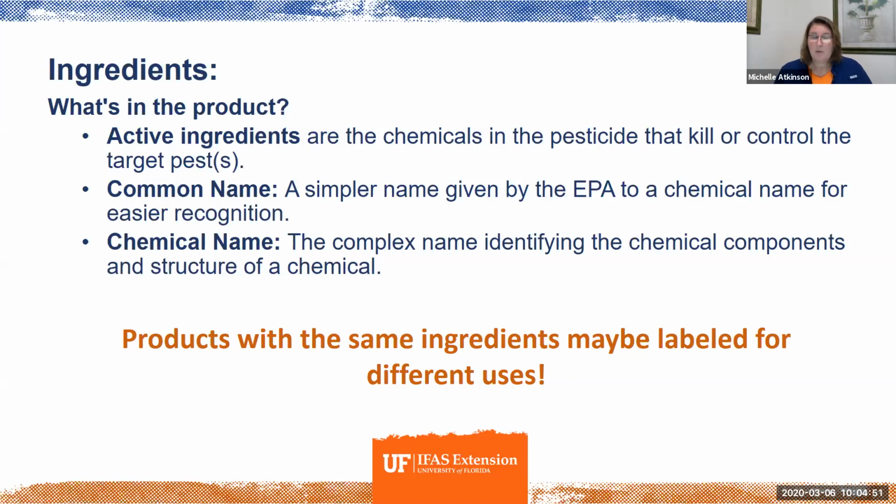You can't use Roundup in the water, though; it is not labeled for aquatic use. But glyphosate is in a product called Rodeo, which is labeled for aquatic use. So it's the same active ingredient, but it's the other stuff, those inert ingredients, that sometimes make it where it can either be used on land or in the water, but not both.